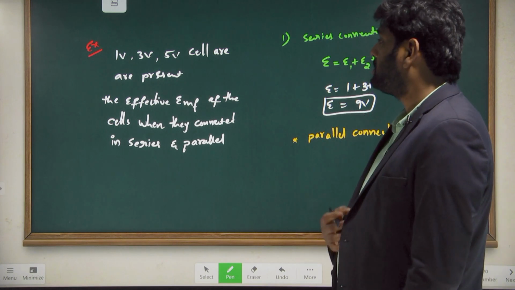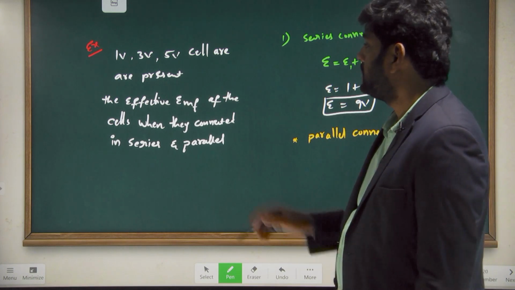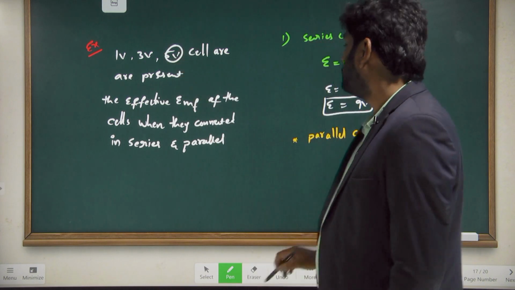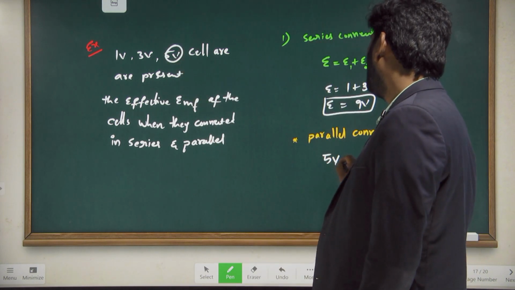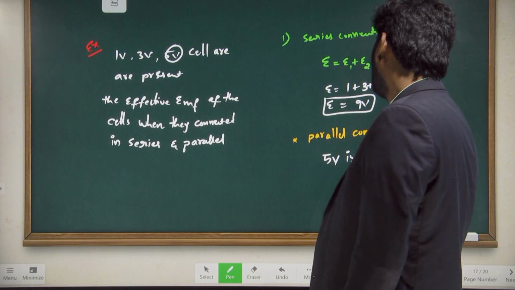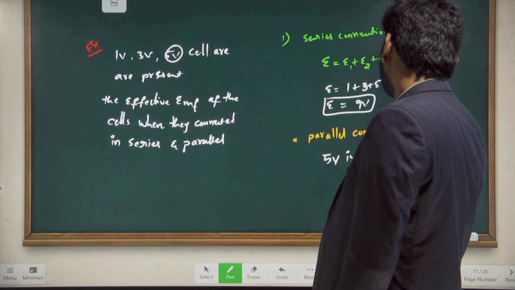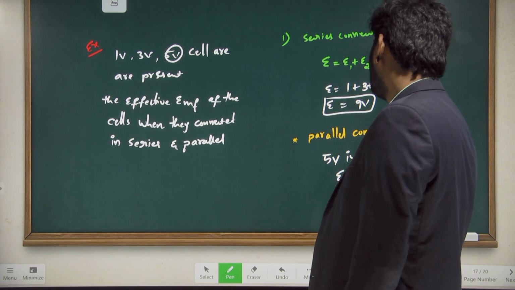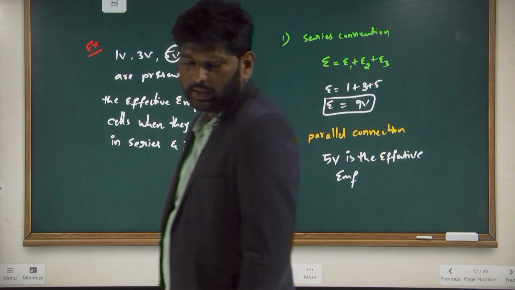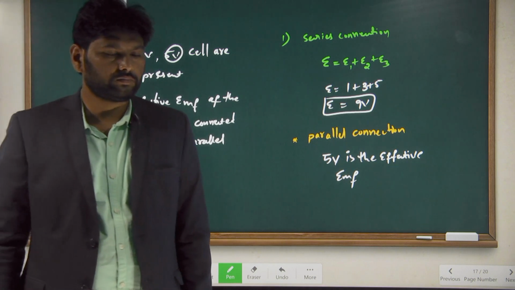So the greatest value among these cells is 5 volt. So 5 volt is the effective EMF. Understand? This is the way the connection takes place. Got my point?